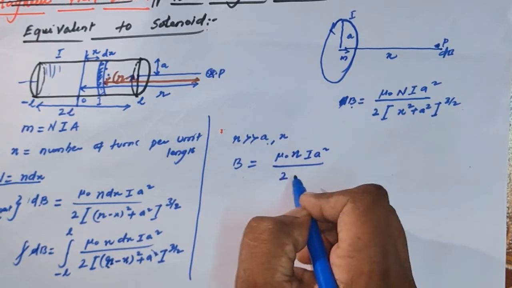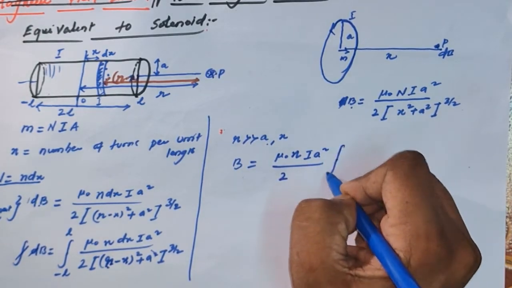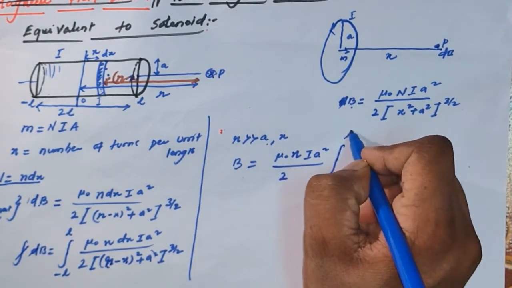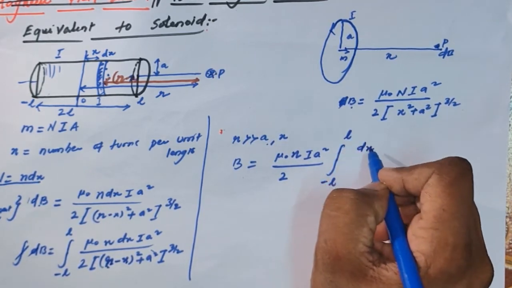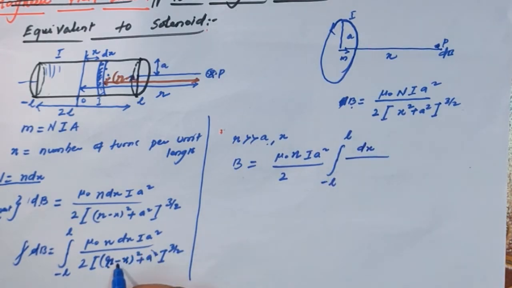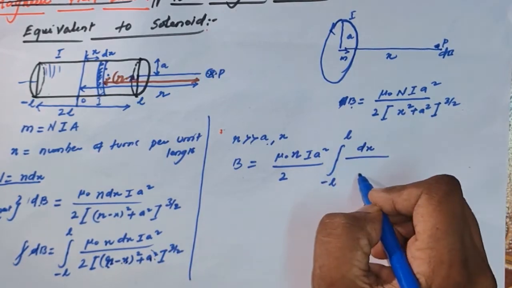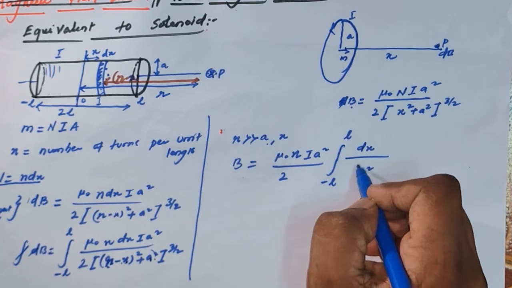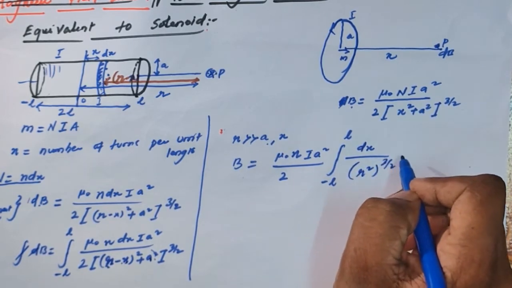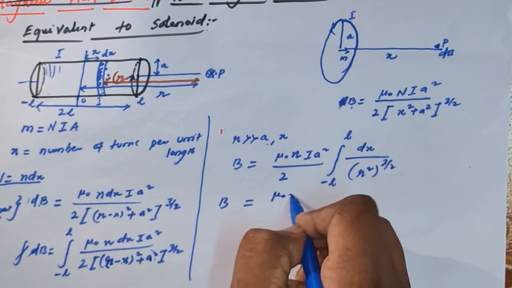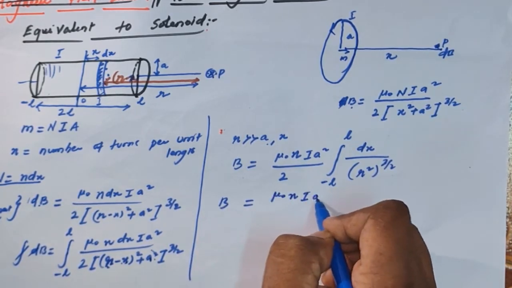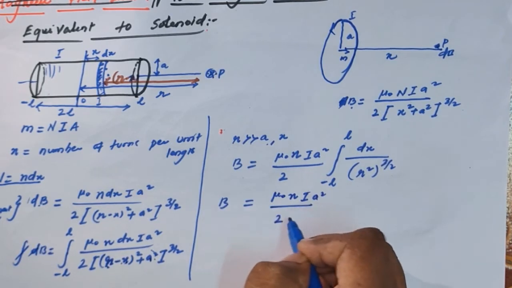Inside, you take the integration from minus L to plus L, the whole length of the solenoid, of dx divided by r square times whole power 3 by 2, since the contribution of x and a is so small we can neglect them. Then B would be equal to mu naught n I a square divided by 2.